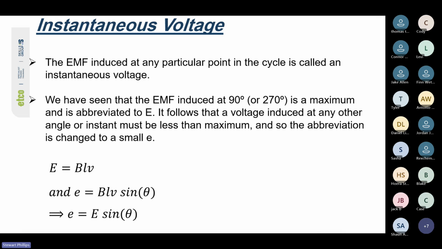I'm just going to turn this off for a second. Cool. So if we give you a peak voltage of 500 volts, what is the instantaneous voltage at 27 degrees?